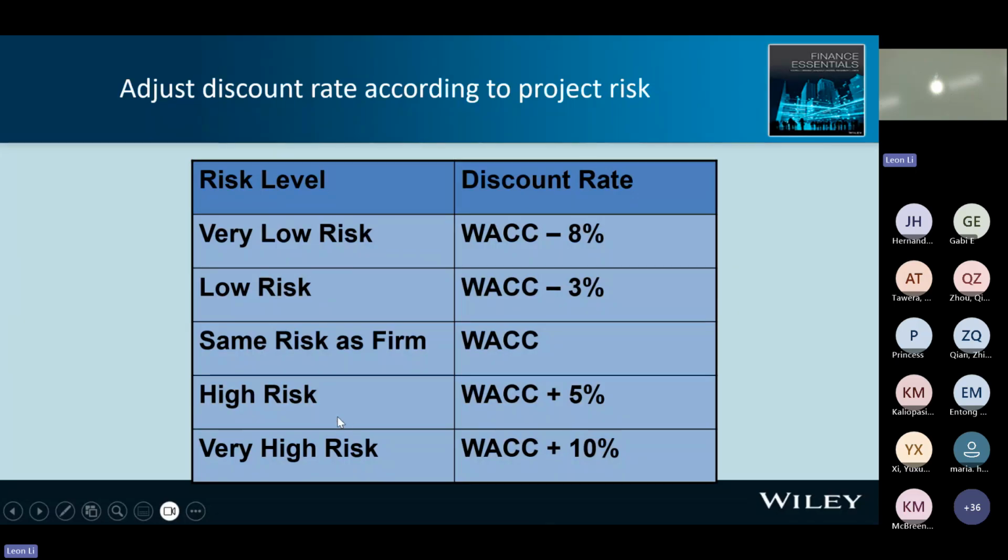For example, high risk increased by 5%, very high increased by 10%. This just shows you the direction: when risk is going up, we need to increase the required return. The 5% and 10% are just examples. Of course, the manager needs to make the decision.